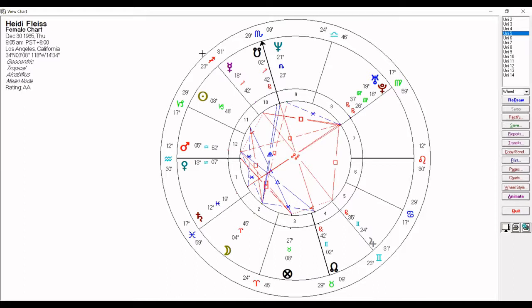So now we're looking for the closest in this chart. There's 4, there's 5. Is it in one of those 3 signs? Yes, that's the closest.